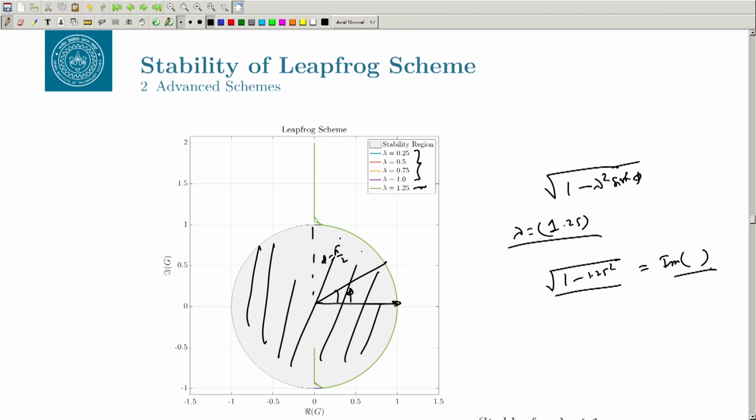Because of that imaginary number, you will see that this term becomes greater than 1. So this is becoming unstable. Any value of lambda greater than 1 will give you the unstable region, and that scheme cannot be used. So the scheme is stable for lambda less than or equal to 1.